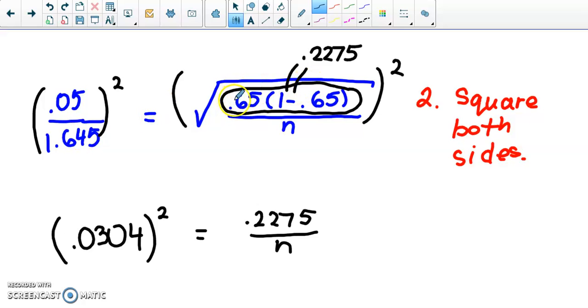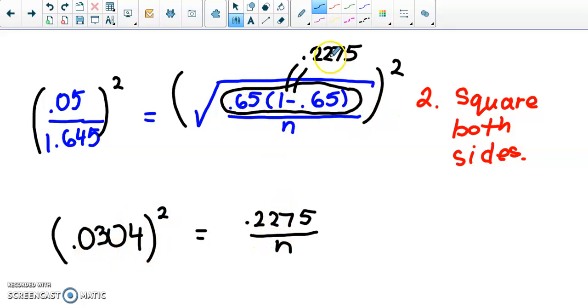So 0.65 times 1 minus 0.65 is just, if you multiply 0.65 times 0.35, it is just 0.2275. And then below we get 0.05 divided by 1.645, which is 0.0304. So just so you're not surprised where I get these two numbers from, right?